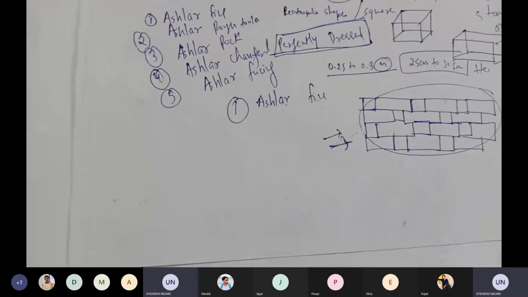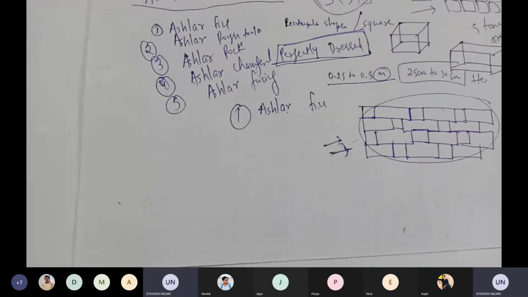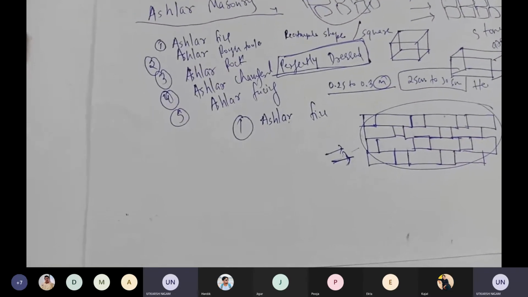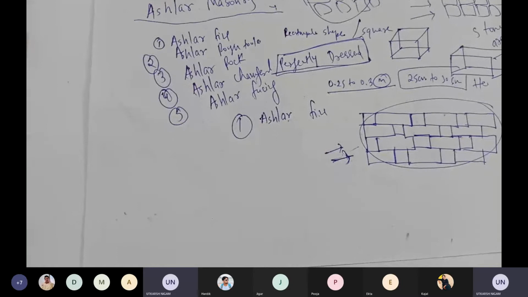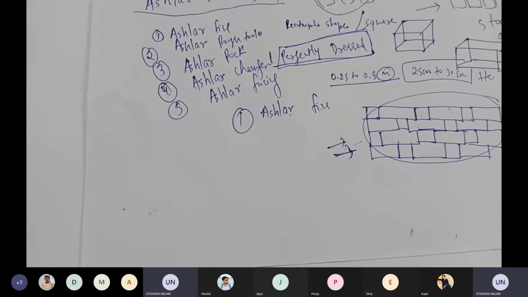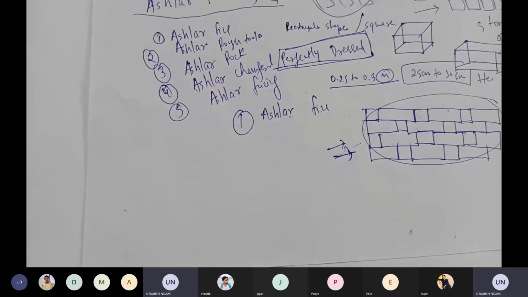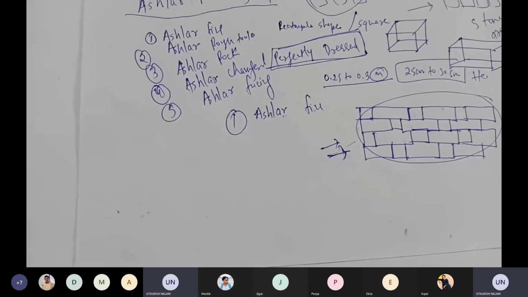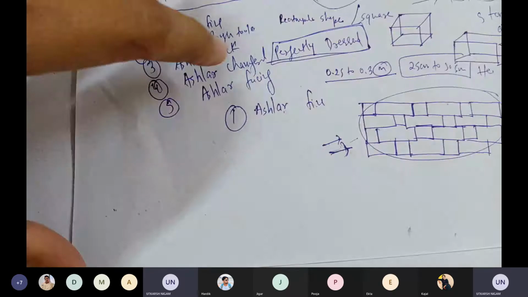What happens is that we used to do painting or mortaring on the walls. But here we want the appearance of the wall to be in the stone itself, so we classify it under the ashlar method. That is ashlar facing.